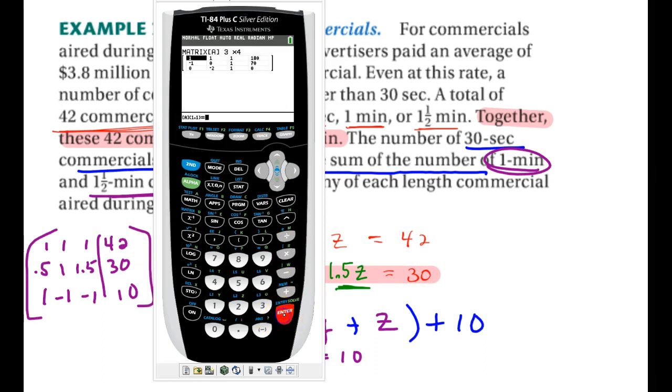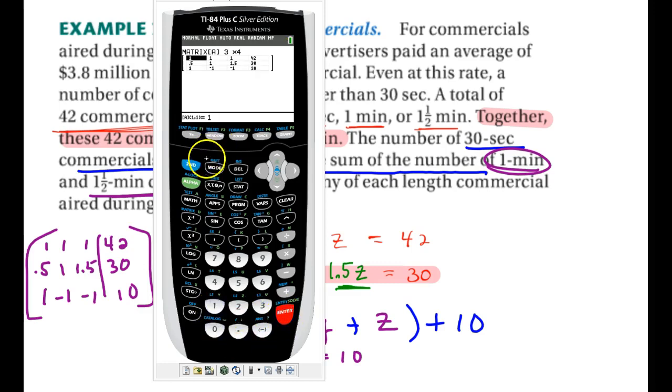My first row is pretty similar, 1, 1, 1, but instead of it adding up to 180, the sum of the degrees of a triangle, I think now I want 42. Just entering the data here.